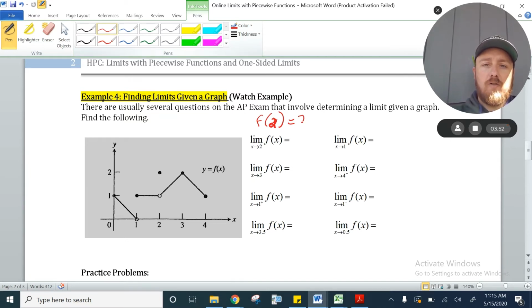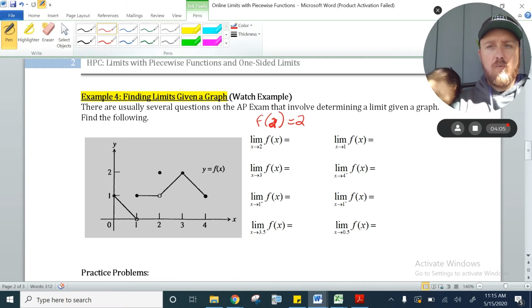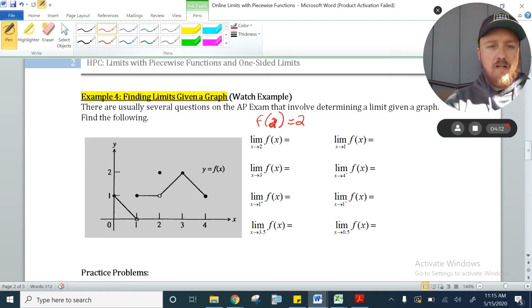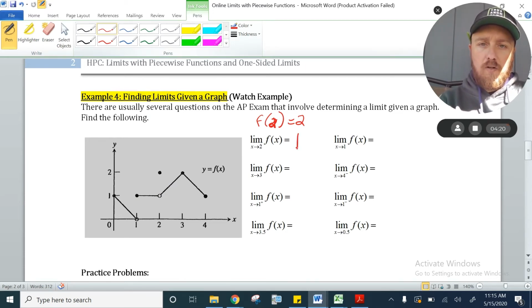Because that gives me a 2. The limit, however, is, let's pretend like we don't know 2. Let's just look at it from the left and from the right. Since there's no superscripts here, we see that as it approaches 2 from the left and the right, it works out perfectly. It approaches 1 from the left and it approaches 1 from the right. So our limit is then 1.